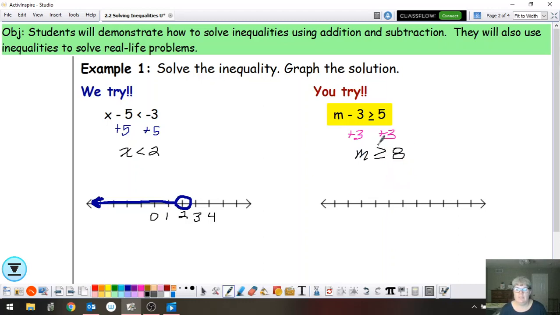Now because this is greater than or equal to, I'm going to have a filled in or solid circle on my 8 because I'm including the 8. When I say greater than or equal to, I'm including the 8, and I want the values that are more than 8. So that's going to be to the right of 8.